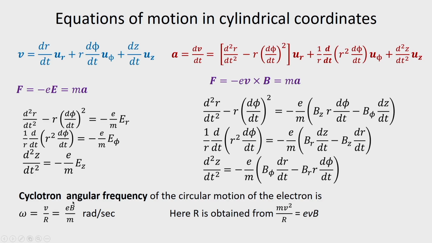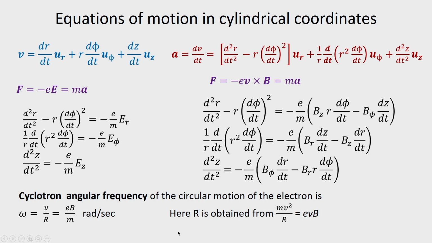So, the electron trajectory will change into a circular path, and the cyclotron angular frequency of the circular motion of the electron is given by omega equals v by R equals eB by m radian per second.